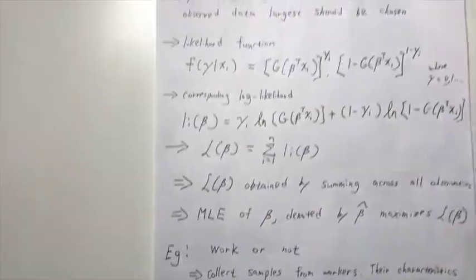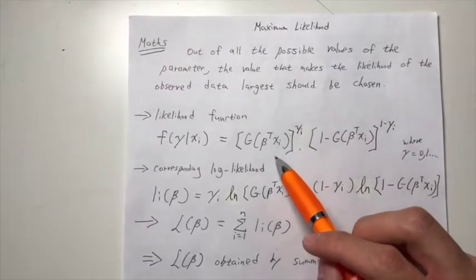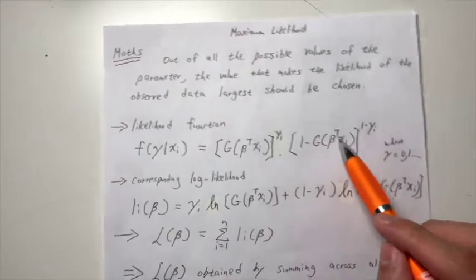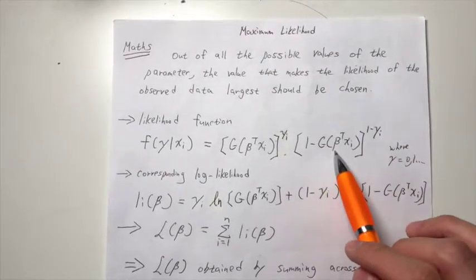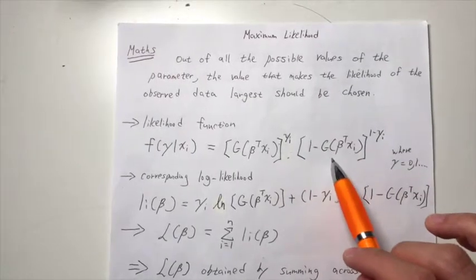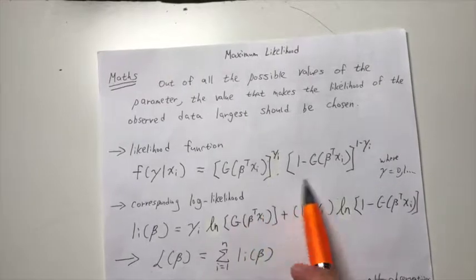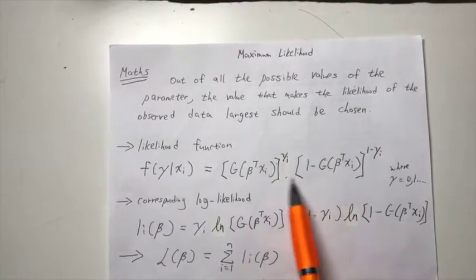And so, what I've written down here is just the probability of a person working times this thing here, 1 minus the probability of a person working, which means this is the probability of a person not working. And this whole thing refers to a single person only, that observation only.